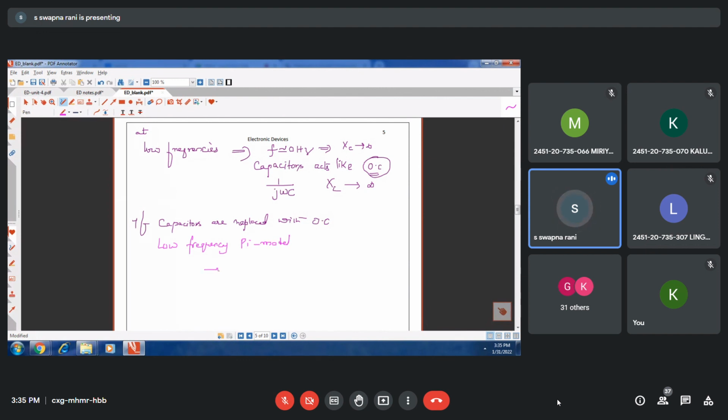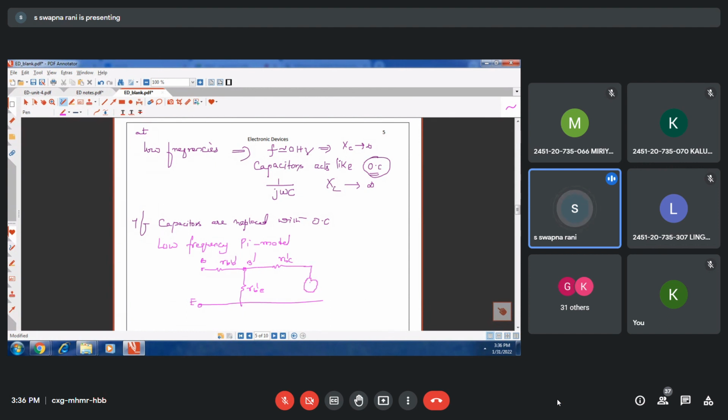So low frequency means only RBB'. So this is B' and this is B, and there is only RB'C. There is no capacitor, because it is open circuit. And here also RB'E, and the bottom line is the emitter.